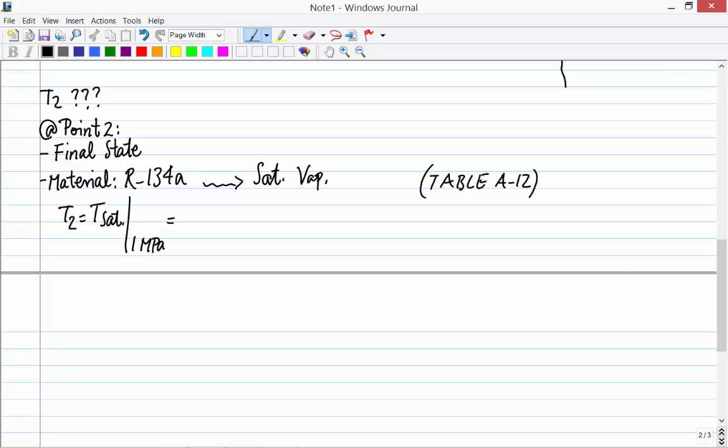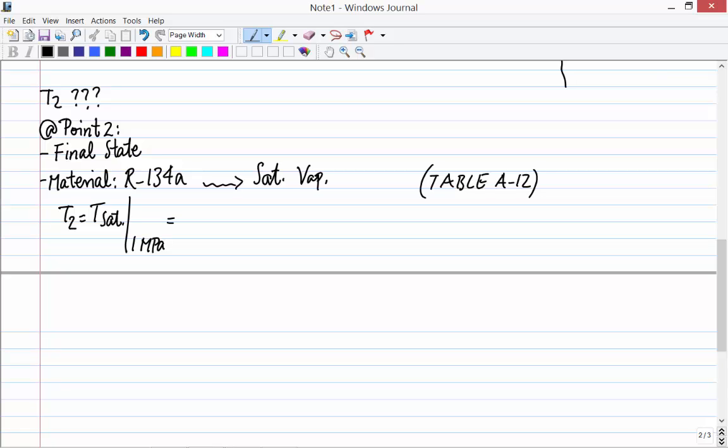Once again, why am I choosing the saturated temperature? Because in the phase change process, when we evaporate the liquid and the material transforms from liquid phase to vapor phase, temperature and pressure are constant, right?